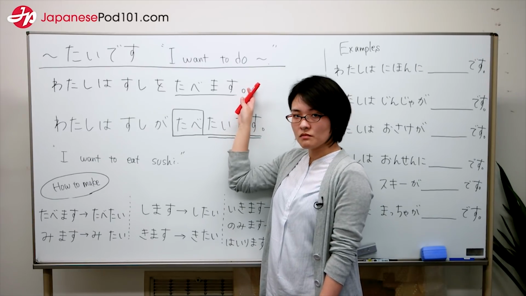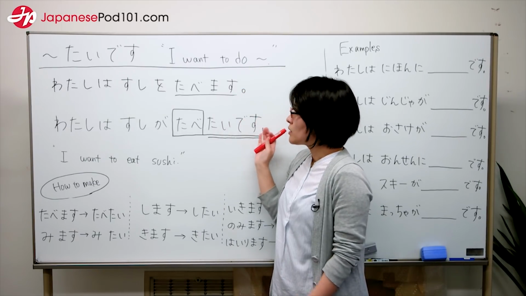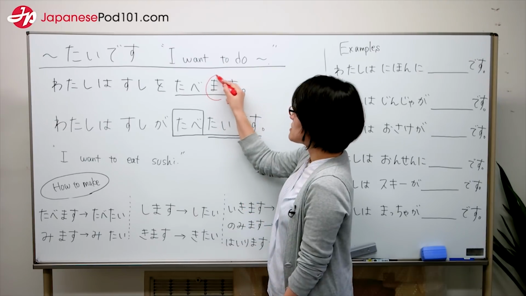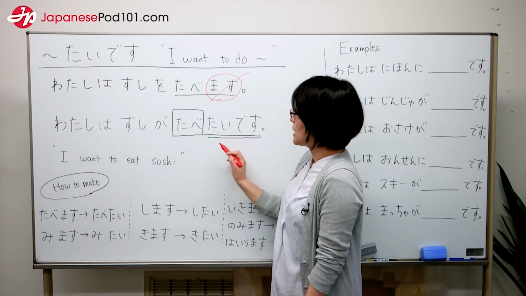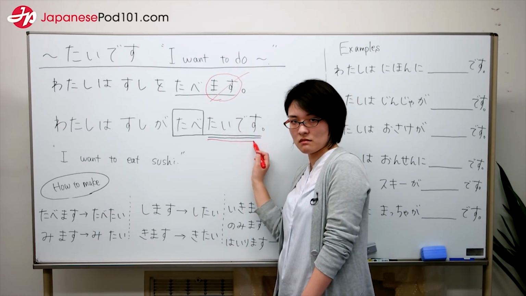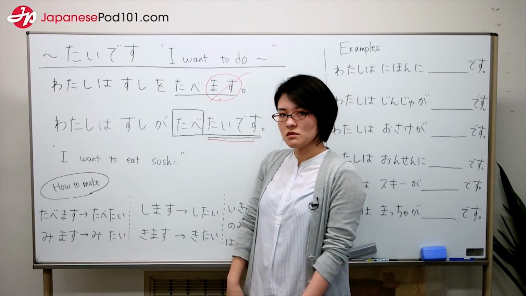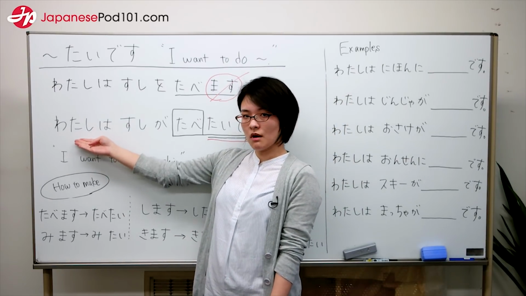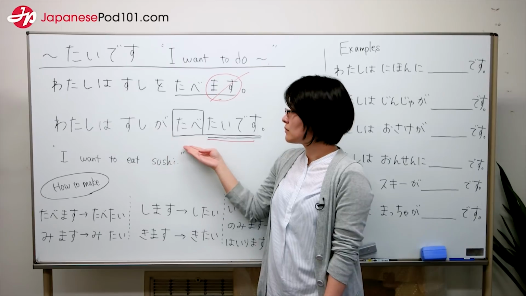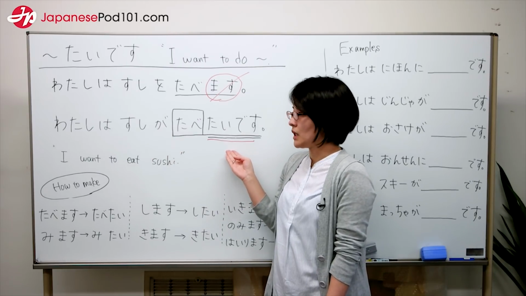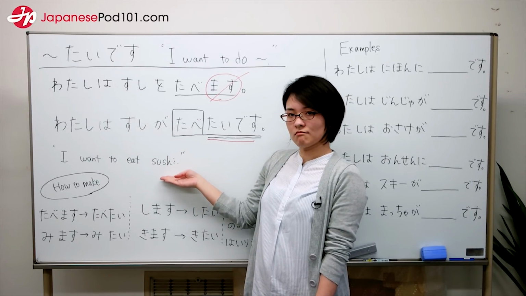To change this form into I want to do, we need to get rid of this masu and add たいです instead. So we get the new sentence here: 私は寿司が食べたいです, meaning I want to eat sushi.